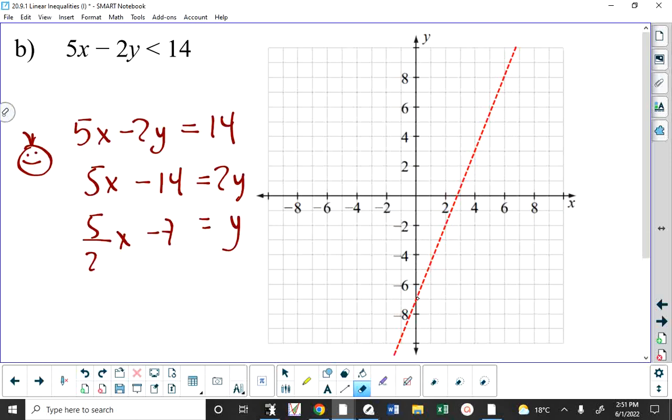If you do rearrange it as an inequality, it would be y is greater than 5/2 x minus 7.